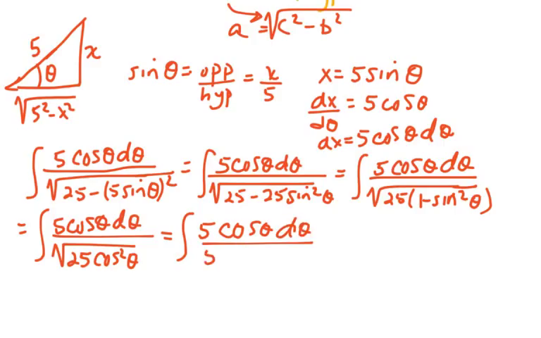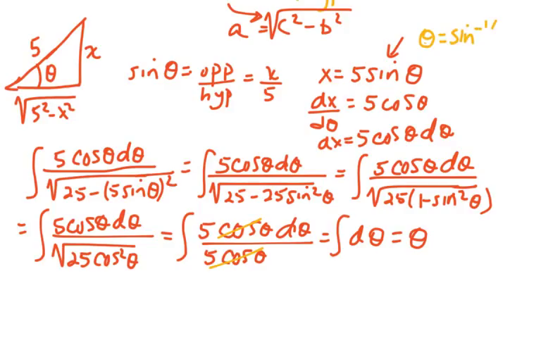Which luckily for us is going to cancel out. And we're left with the most basic of all integrals, the integral of d theta, which is simply theta. If I return back up here and solve for theta, I get theta is equal to inverse sine of x over 5.